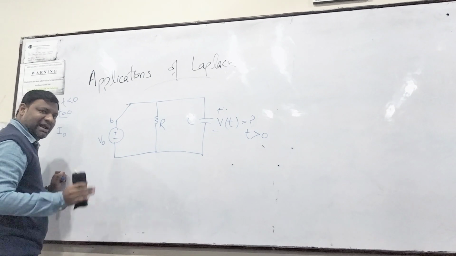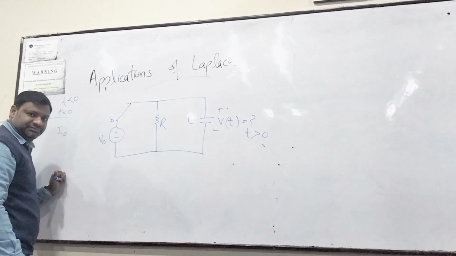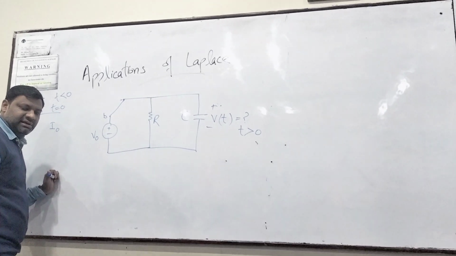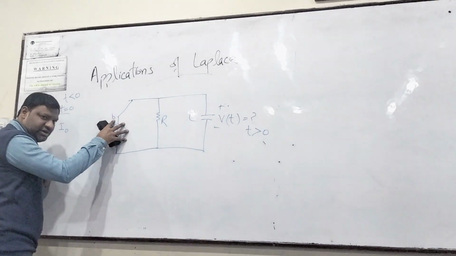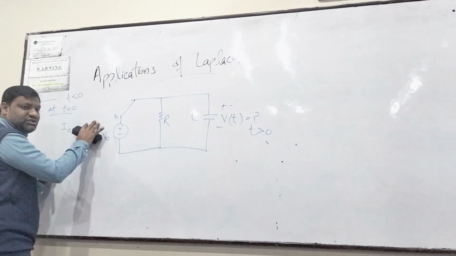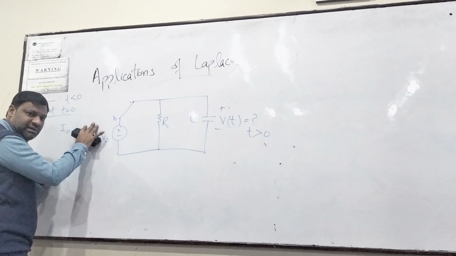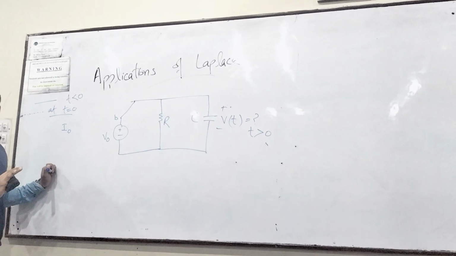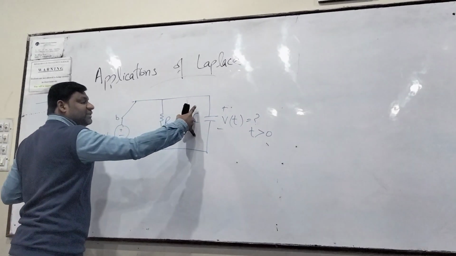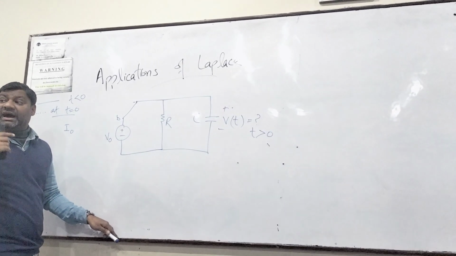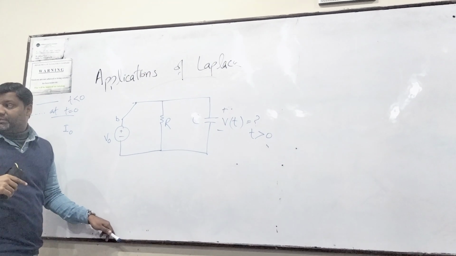Right after them, we start our experiment, and instead of that voltage source, we plug in a current source. Now we are interested in what the voltage across this capacitor will be in our experiment.